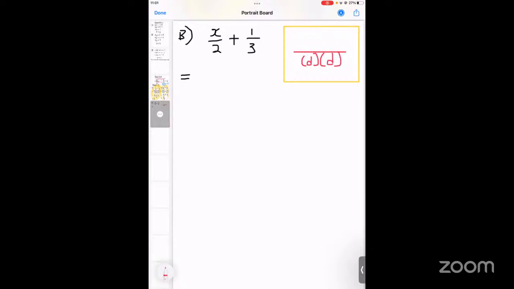Then you have your numerator that you times with your denominator. This is cross multiply. The sign is either a plus or a minus. Then you will have your numerator that you times with the denominator. From there you simplify. Does that make sense, Manahil?